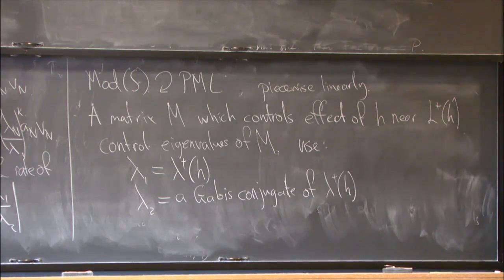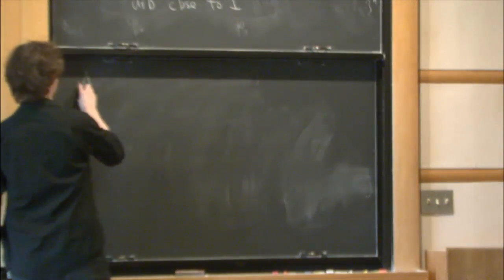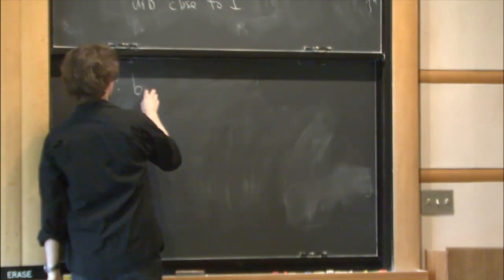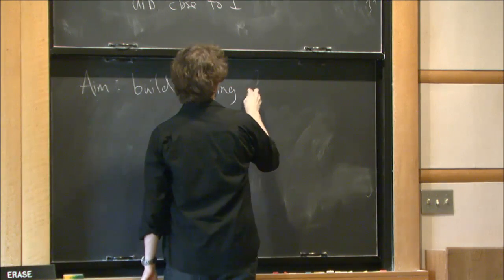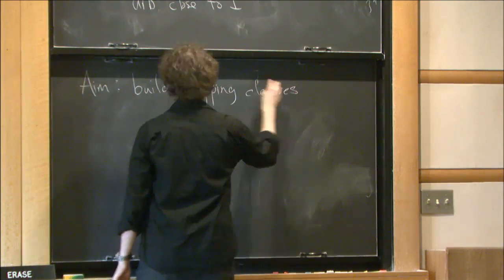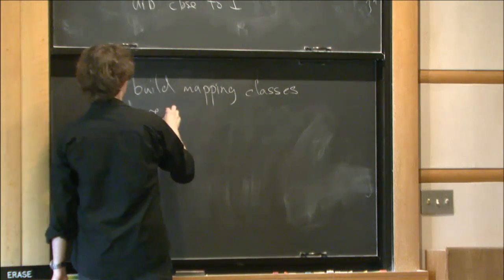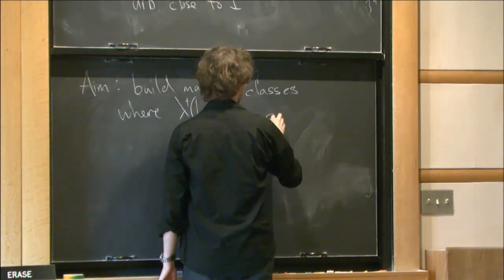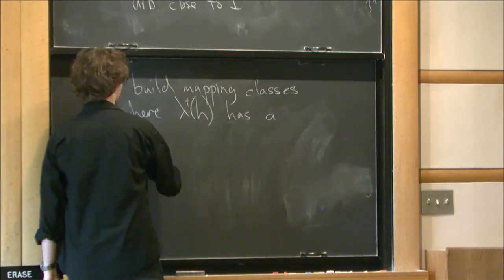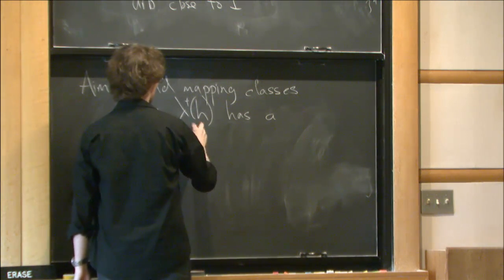Okay. So our aim is to build pseudo-Anosovs where the dilatation has a Galois conjugate which is very, very close. So the aim is to build mapping classes where the dilatation has a close Galois conjugate.